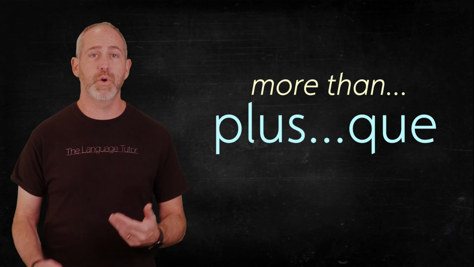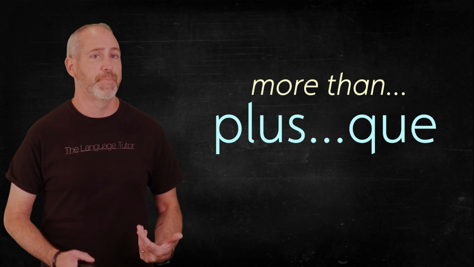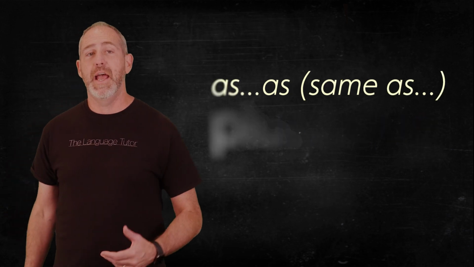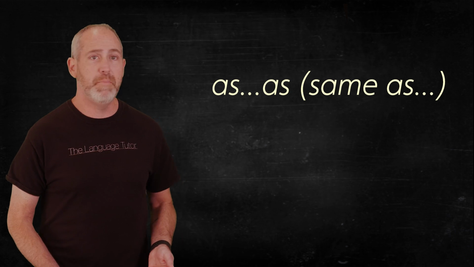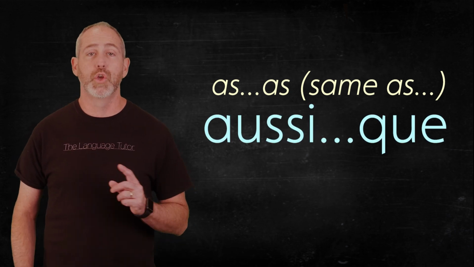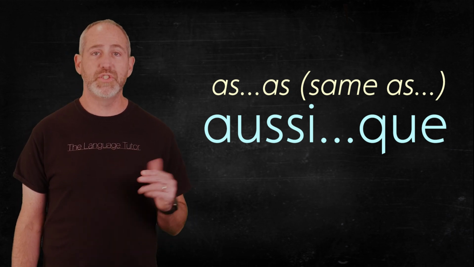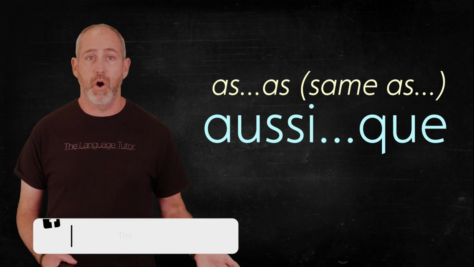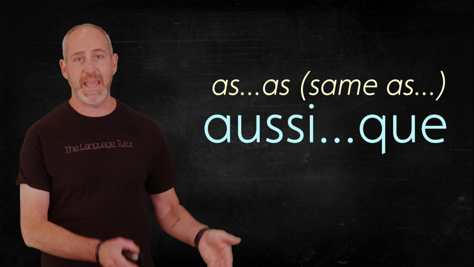So you're saying more something than, that que is really serving as than. All right, and then as something as, comparing them would be aussi que, aussi que. Remember that aussi meant also or too. So we're using also, something as.